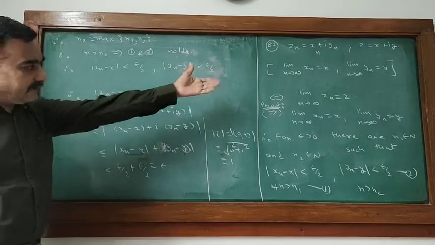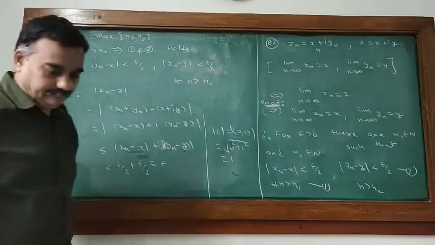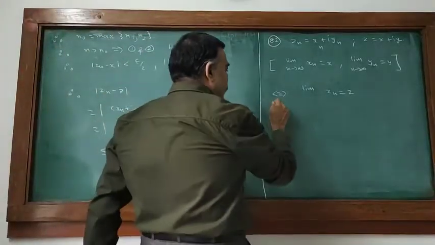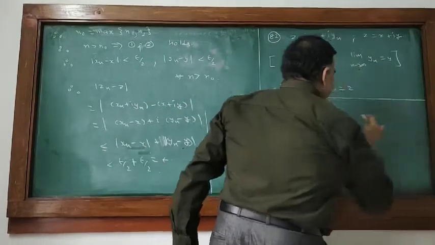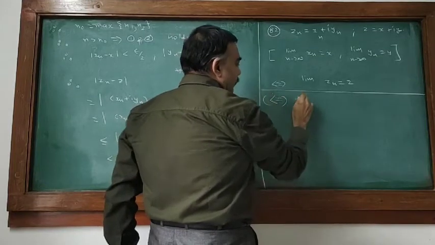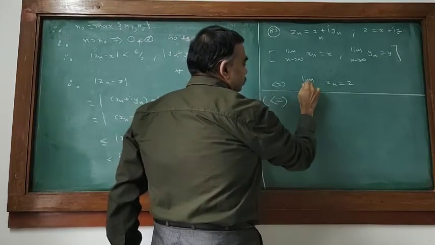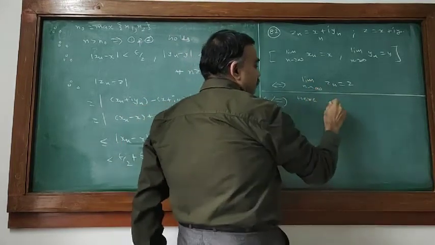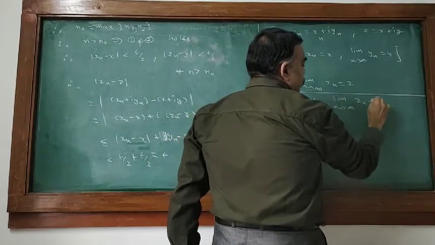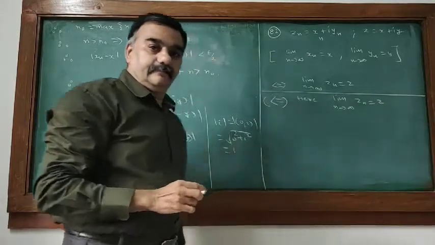Now if we start with the second part, here the limit as n tends to infinity of Zn is z.